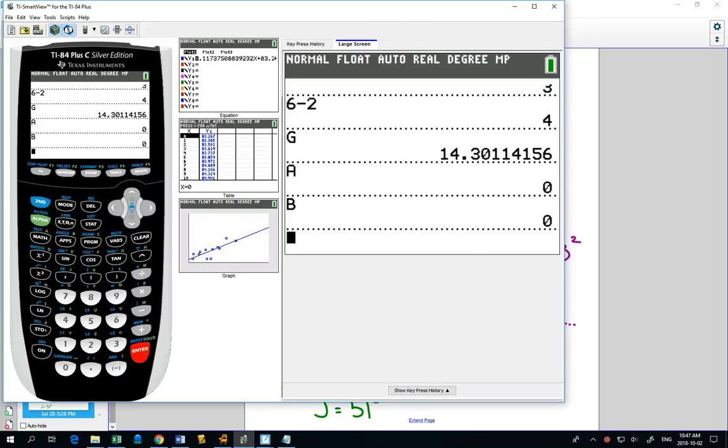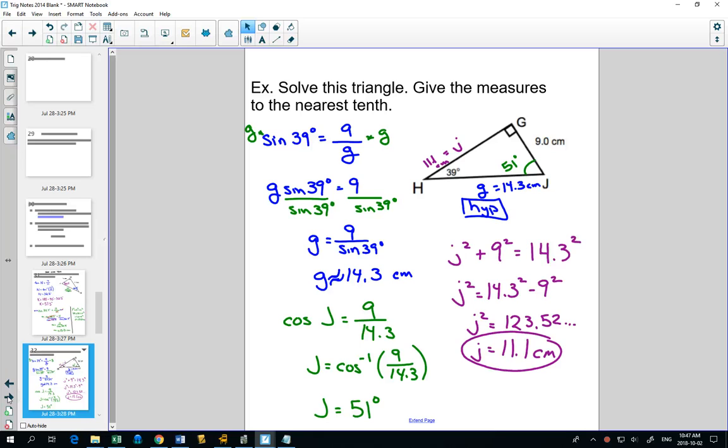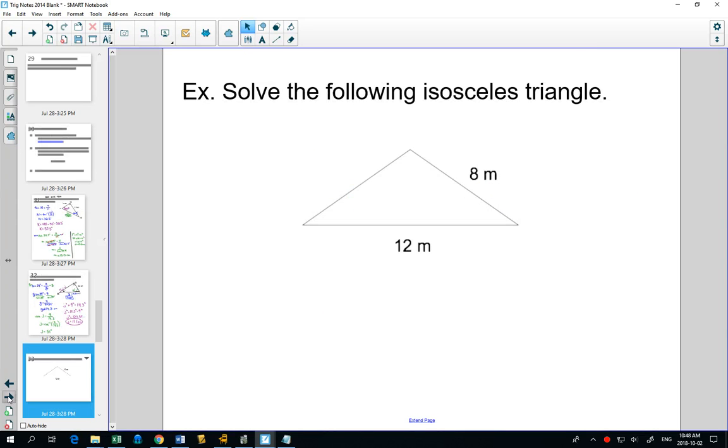Okay. Our last example here says solve the following triangle, and it tells us it's a special triangle. It's an isosceles triangle. What does isosceles triangle mean? Two sides and two angles are the same. Based on the picture, does it look like two sides are 12 or two sides are 8?